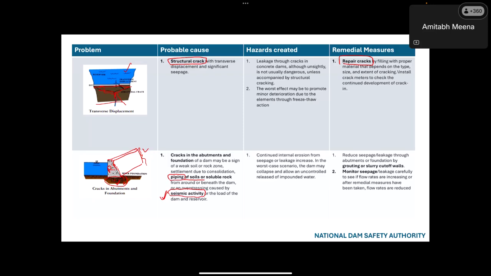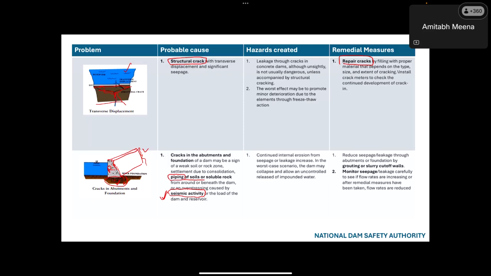The solution is, whenever there are cracks somewhere, either in the foundation or in the dam body, grouting is the only solution we do. Sometimes we replace some material also, and then fill up fresh material. So the grouting of the foundation as well as grouting of the abutment cracks.